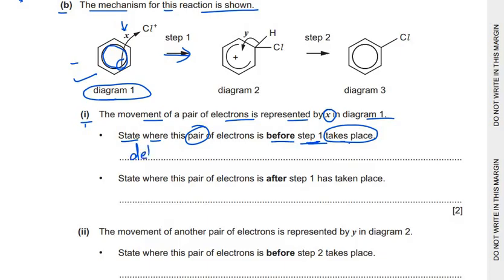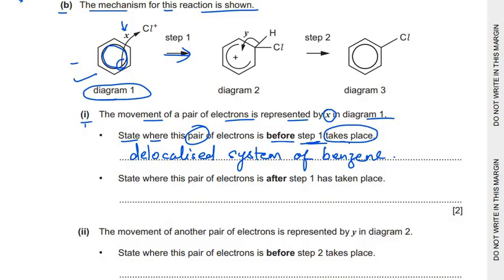So we can write: delocalized system of benzene. So this pair of electrons, which we have denoted here by X, is present in the delocalized system of benzene, or even you can say the pi bonding system of benzene.